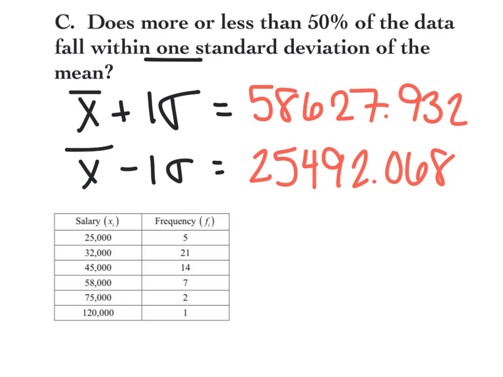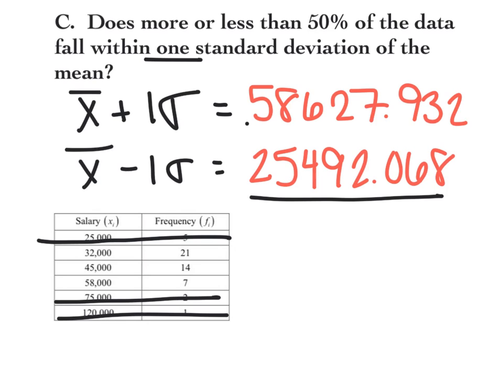Now I have to find the range that falls in there. So if my min is 25,492, 25,000 does not fall in there. I need to be bigger than that, but smaller than 58,627. So I think that eliminates those. So I would say I have 21 plus 14 plus 7, which is a total of 42 out of 50.